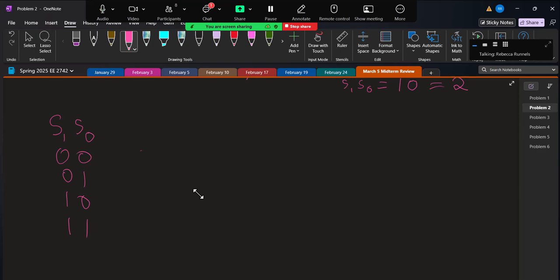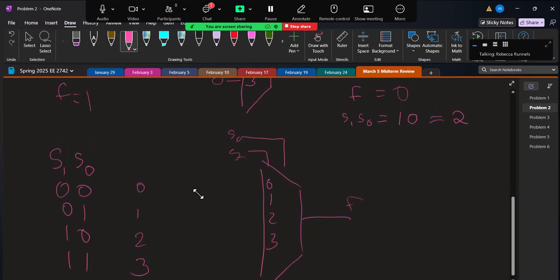So these are the binary numbers 0, 1, 2, and 3. When I look at a multiplexer, I'm going to have the numbers 0, 1, 2, 3 right here. And then depending on what value S0 and S1 is, that's going to be what my output is.